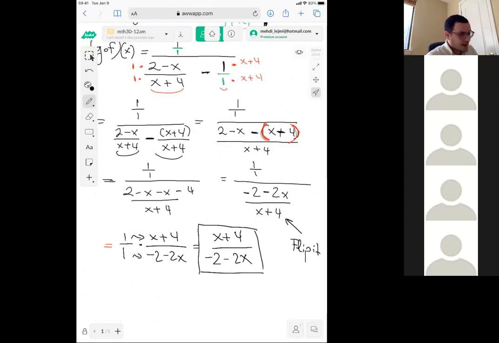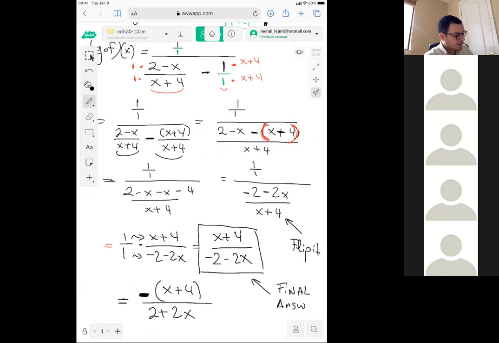Another way to write this answer would be minus, but then parentheses x plus 4, and then over the 2 plus 2x. If you put minus, you need the parentheses, right? So it's the same answer. This is my final answer, but this is just another way to write the answer, this one here with a minus.